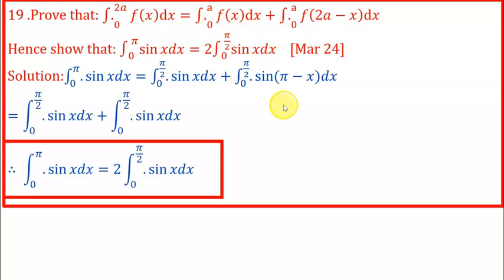Sin of pi minus x is sin x. Therefore, 0 to pi by 2 sin x dx plus 0 to pi by 2 sin x dx is nothing but 2 times 0 to pi by 2 of sin x dx, and hence integral 0 to pi of sin x dx is equal to 2 times 0 to pi by 2 of sin x dx, and hence I have completed this problem.